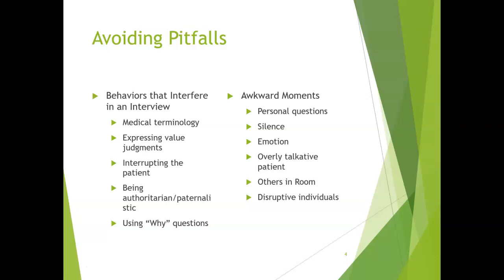You definitely don't want to slide into, there there, honey, that's okay, and being paternalistic with them. Sometimes we use names like honey, sweetheart, baby, or that kind of thing, and that is interpreted as talking over the patient or being paternalistic or authoritarian.